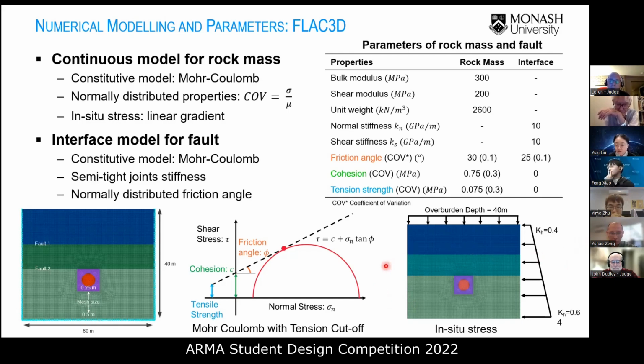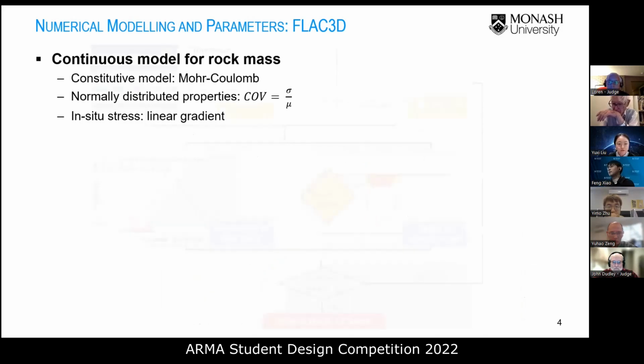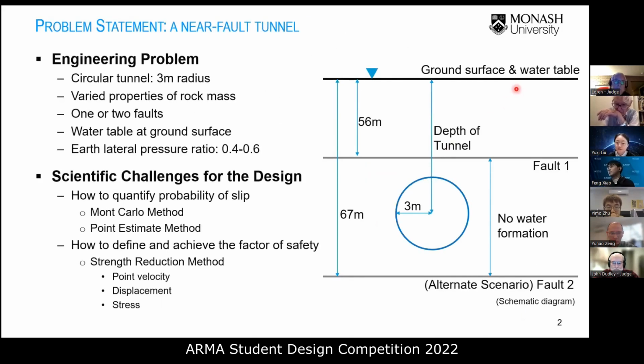First of all, all the rock materials are assumed to be isotropic and homogeneous, so all the materials of the rock mass are set the same. But as we said at the start, because the water table is around the ground surface and is barriered by the fault, we set the pore pressures into these zones. These zones will contain water, and we set the pore pressure over here. But for here, the water is blocked by the fault, so we don't consider the pore pressure or any water effects in these zones.